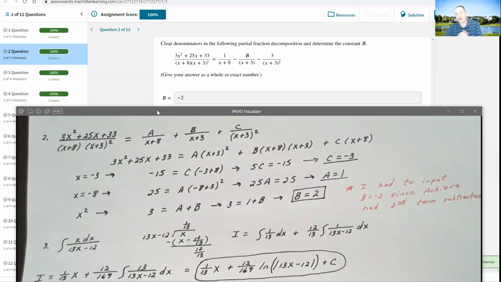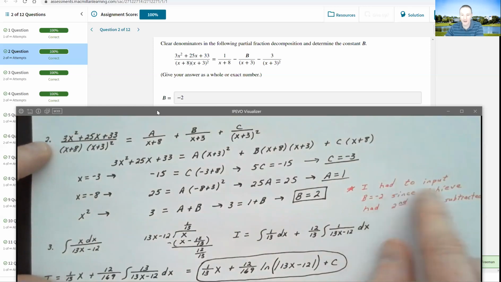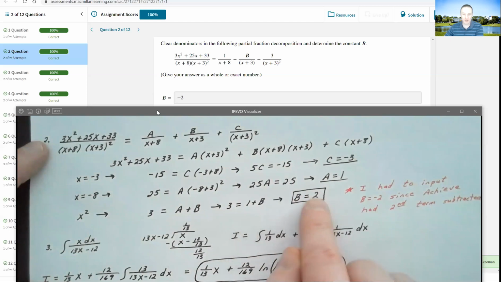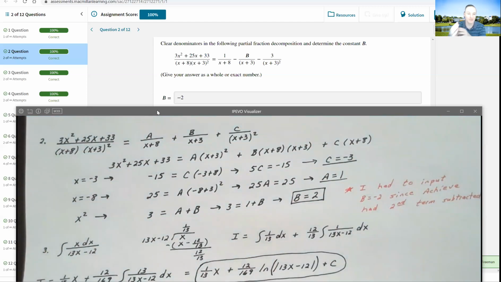So if you need that numerator to be a positive 2 and you have a minus out in front of it, then B is going to have to be a negative 2. So that's what I put in red over here. I had to input B equals -2 since Achieve, very sillily, that's not even a word, but unfortunately, Achieve had the minus in front of the second fraction, which forced me to change the sign of that to get the -2 to fit what they were doing.